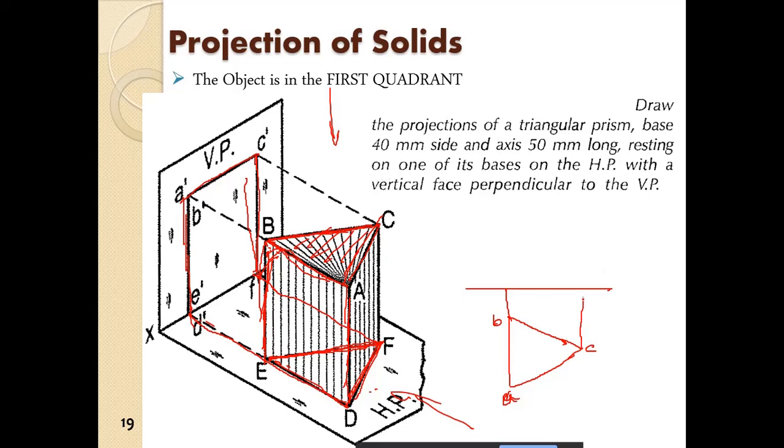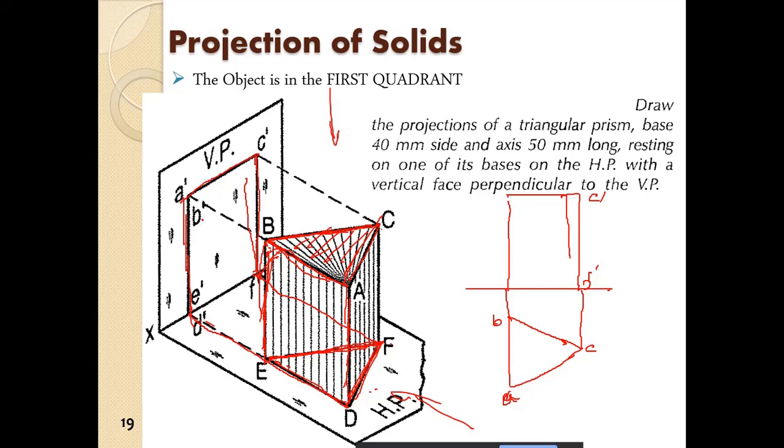On the front view, what we will definitely see is F, which is F dash, and C dash, definitely C, and A and D.